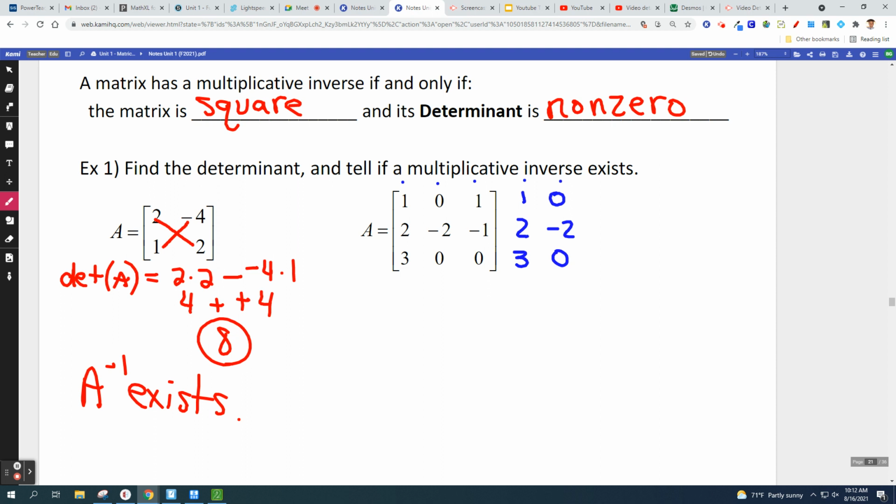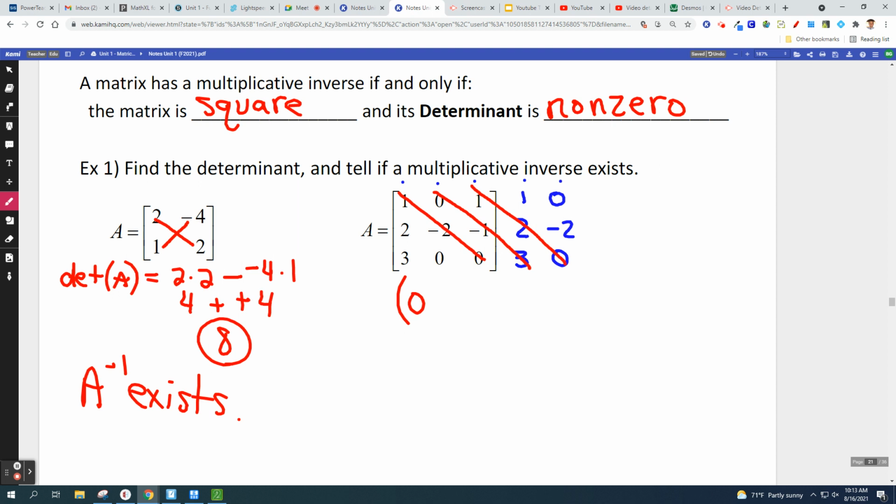Now, what I want to do is kind of similar to the one I just did. I'm going to take this diagonal product, 1 times -2 times 0. So I multiply those 3 numbers. I'm going to get 0, by the way. But I also have to do the same thing for this diagonal product and this diagonal product. Okay, there are 3 of them now, and then I run out of room.